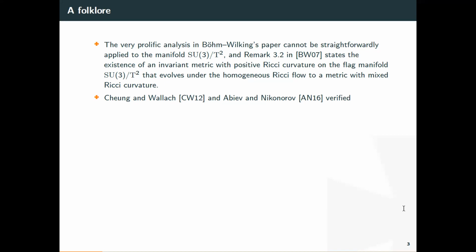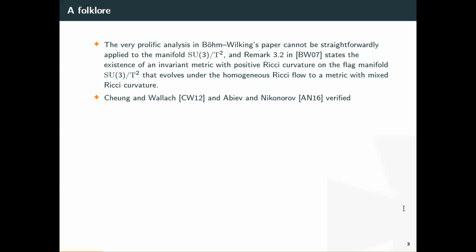However, they argue that we can make some kind of modification of the proof in order to achieve analogous results, meaning that metrics with positive sectional curvature on this Wallach flag 6-dimensional manifold can develop mixed curvature planes under the homogeneous heat flow.